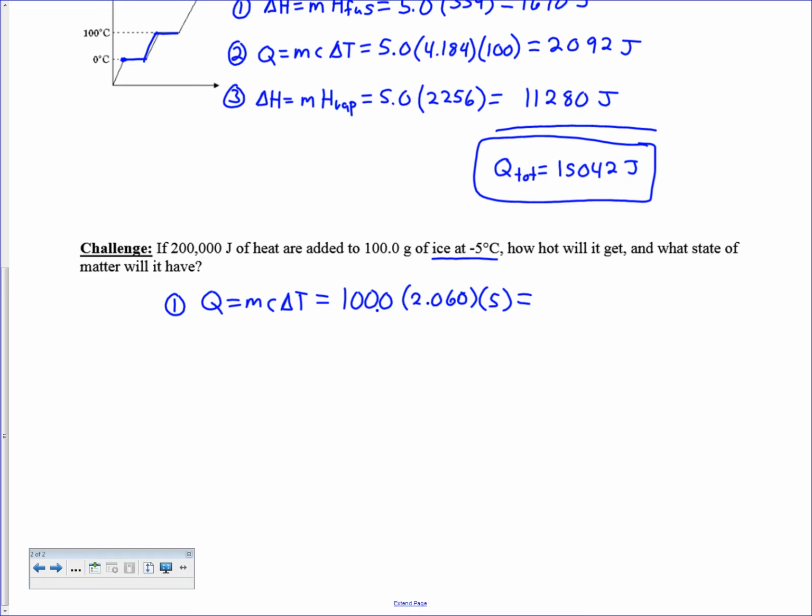Multiply all those out, we get 1,030 joules. So that takes hardly any of our energy at all, so we know that we can keep on going here.